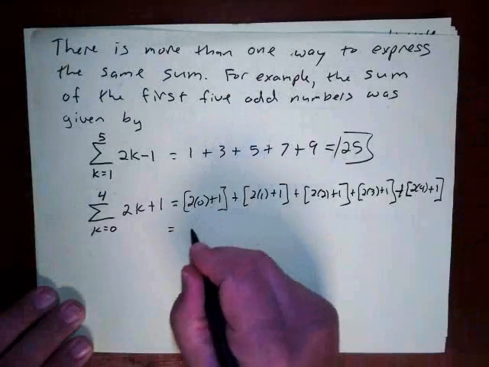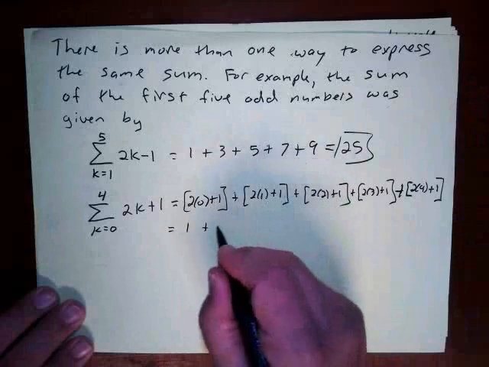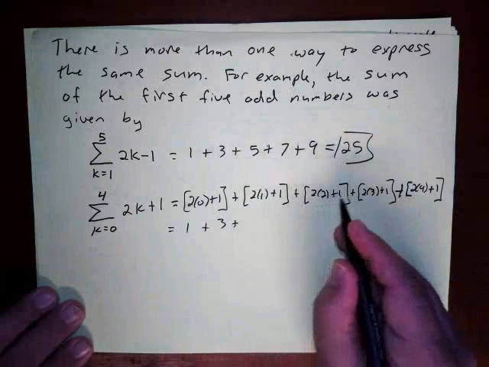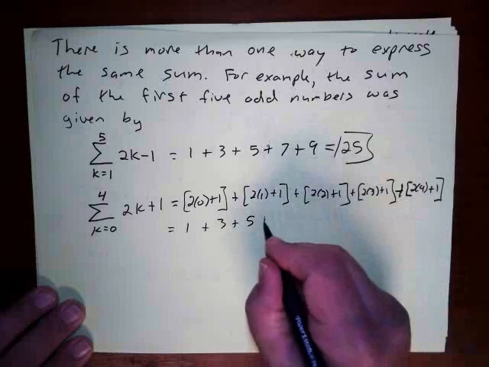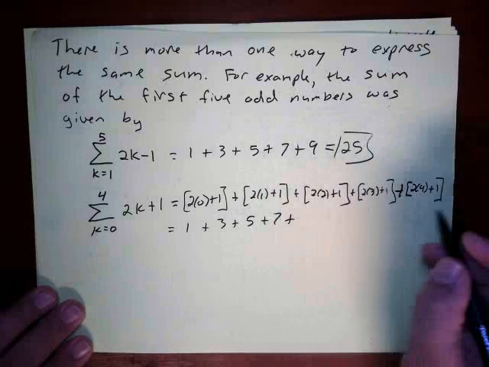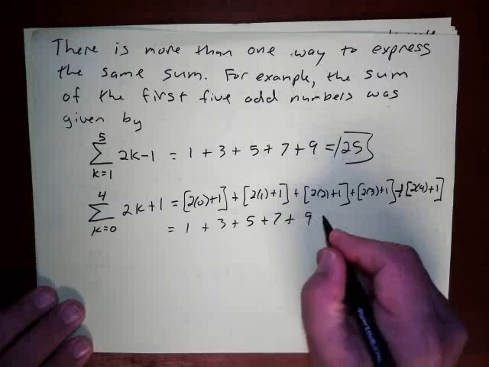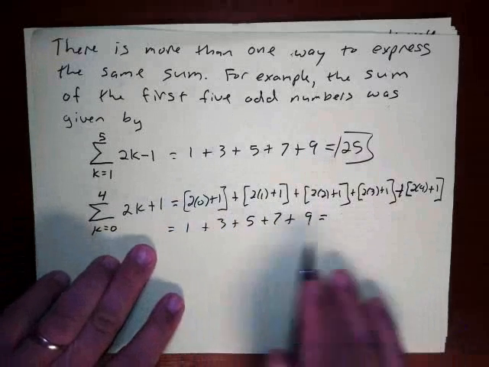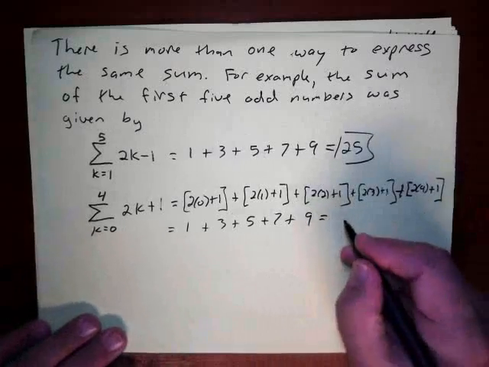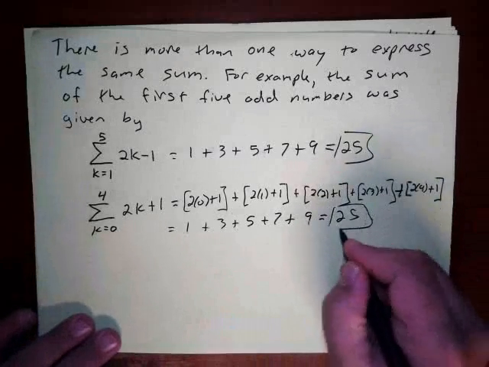And then you see here, this would give me 1. This would be 2 plus 1 is 3. And 4 plus 1 is 5. And 6 plus 1 is 7. And then 8 plus 1 is 9. So it's just another way of expressing the sum of the first odd numbers here. It would give you the same value.